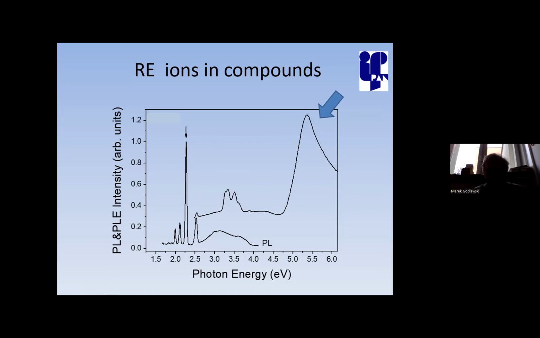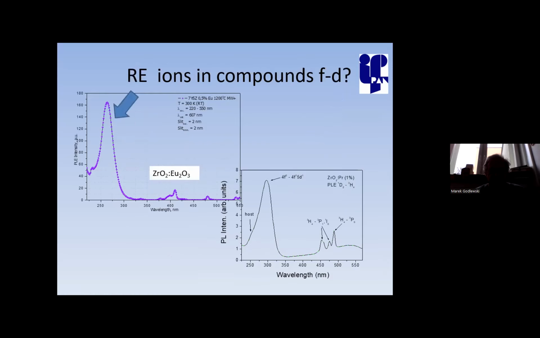And we started to look at what the origin of this efficient excitation mechanism could be: is it like 4f-5d, or maybe something to do with host excitation? And we could see this kind of band in many systems, for europium ion, zirconium dioxide, and praseodymium.